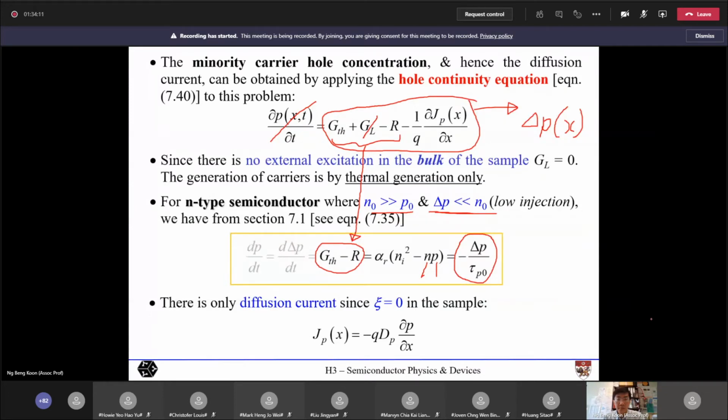So we can replace these two terms here with minus delta P over tau P naught.